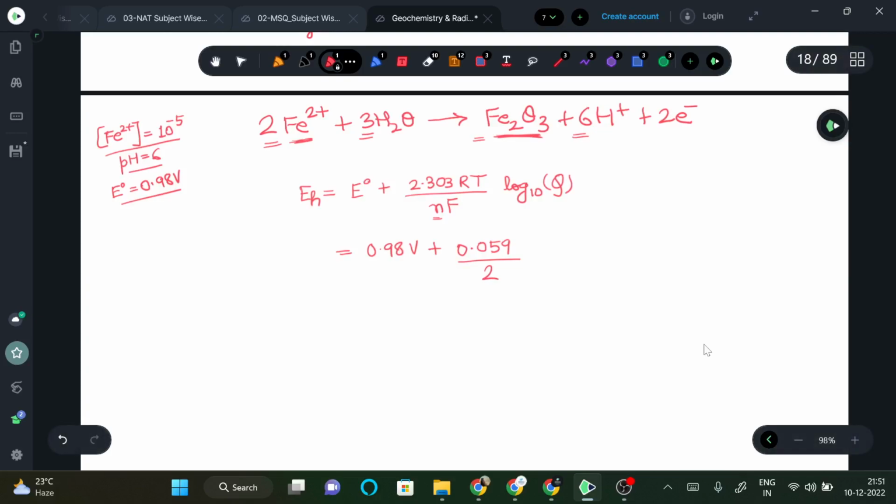N is just the exponent difference that we are getting. Okay, so it's not also the difference, but the ions that are involved. Here you can see two Fe2 plus ions are involved, and two Fe2 plus ions are now making the hematite. So how many Fe2 plus is getting utilized to make the hematite? So that is what it is asking. It is asking about Fe2 plus to hematite boundary.